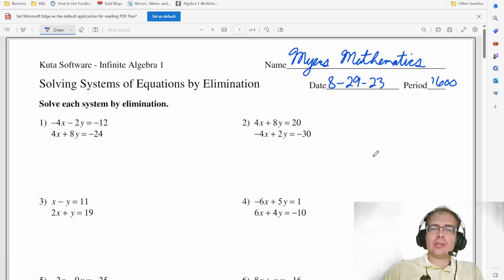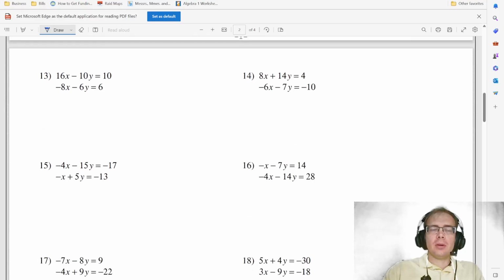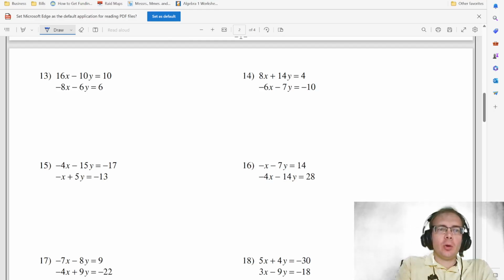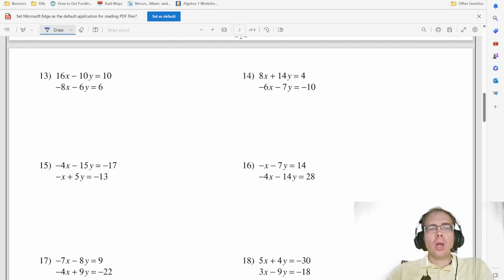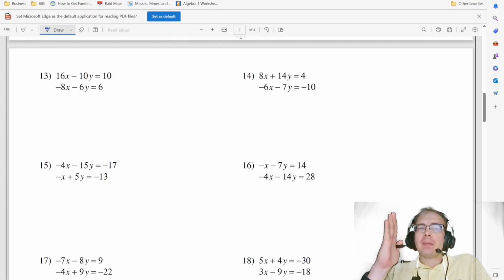So we're going to scroll all the way to number 13 and dive back on in at 13. Okay, so at this point in the game, we're past the point where they're already lined up and they're already opposites, so it's already set up perfectly.